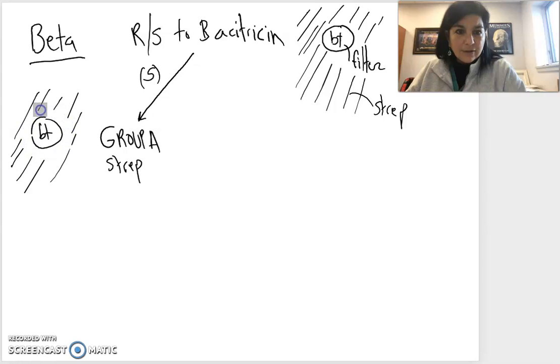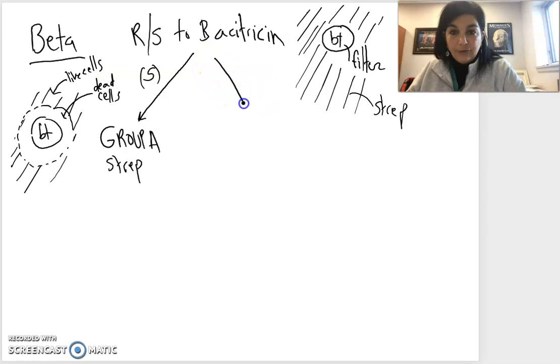And there is a halo, so now we're talking about a different kind of halo. This is a halo of dead cells, right? Sensitive means we have dead cells here around the antibiotic. So this is live cells and dead cells.